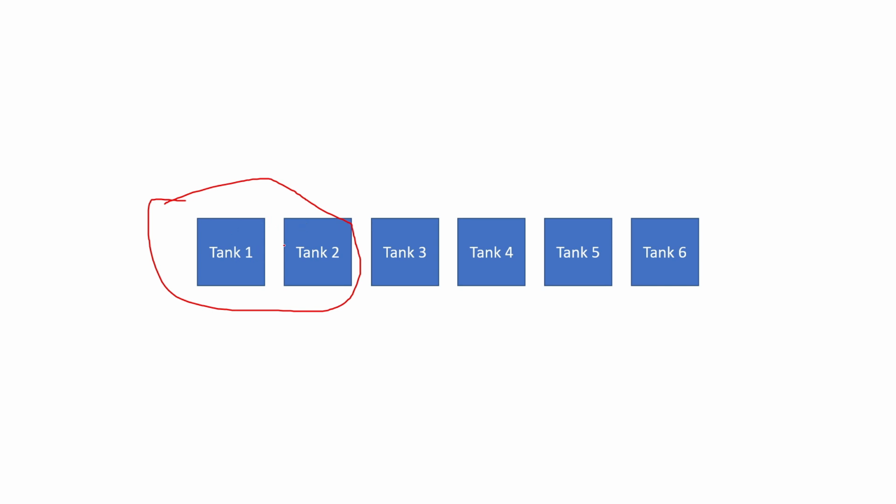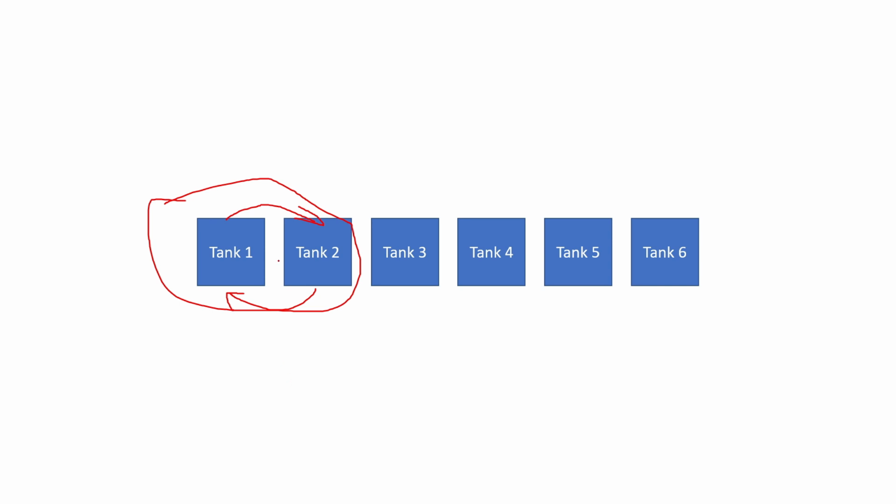Anyway, so let's say tank 2 has less fuel than tank 1. Now what would happen is tank 1 would pump some more fuel into tank 2 until they both have the same amount of fuel. Same idea if tank 1 has less fuel than tank 2. Tank 2 would pump fuel into tank 1 until they are both full.